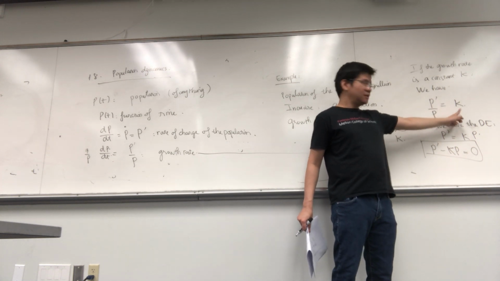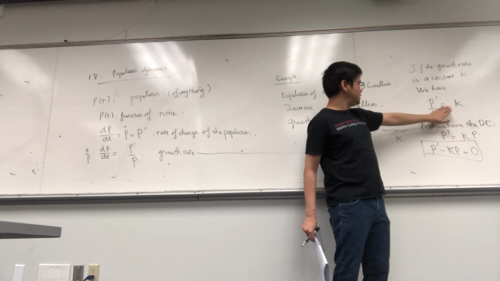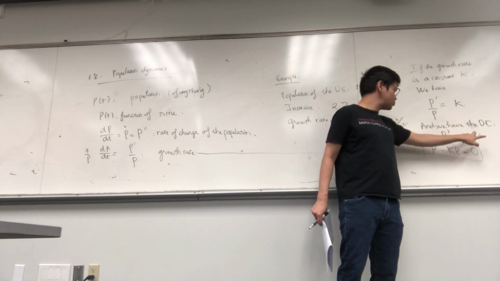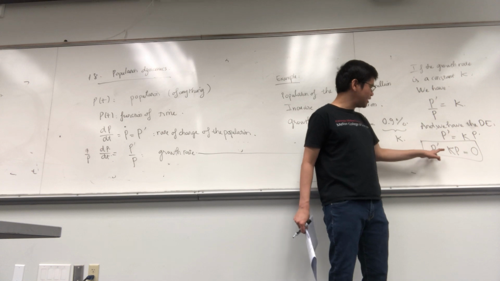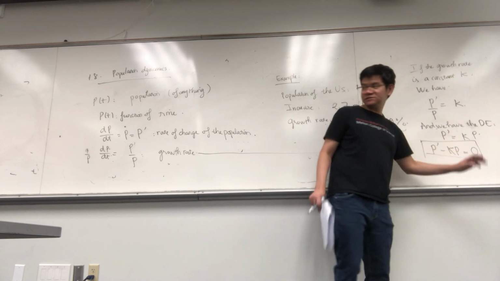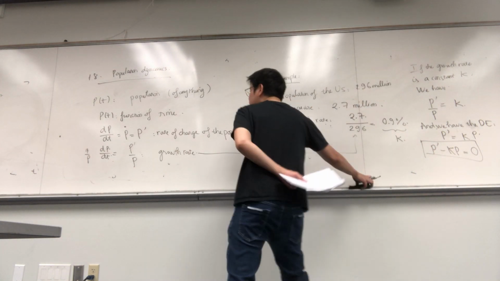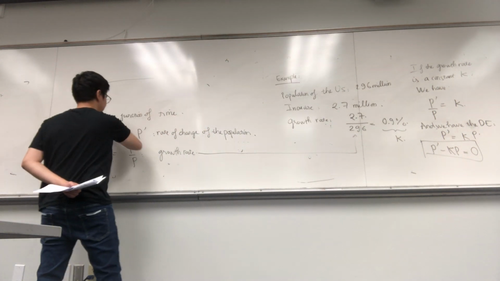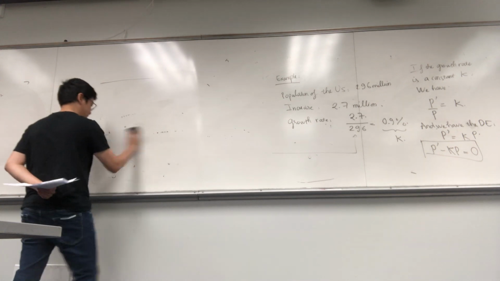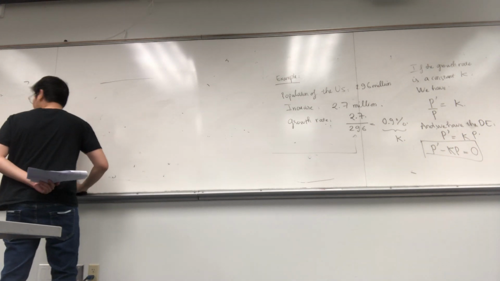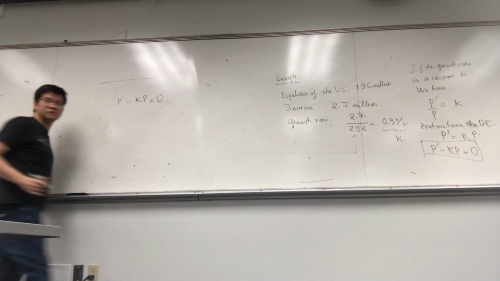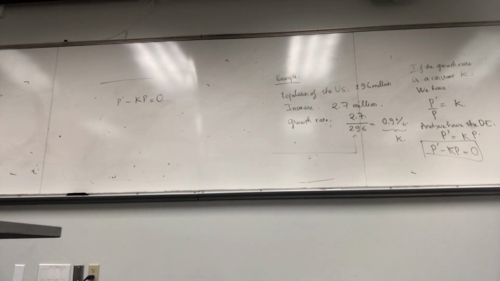In this case, you have the differential equation P prime is equal to kP, and this can be changed into P prime minus kP is 0, all right? So I'm going to write this equation over here. P prime minus kP is 0. This is the equation that we have.